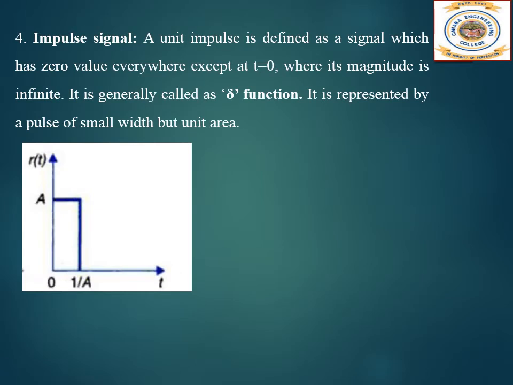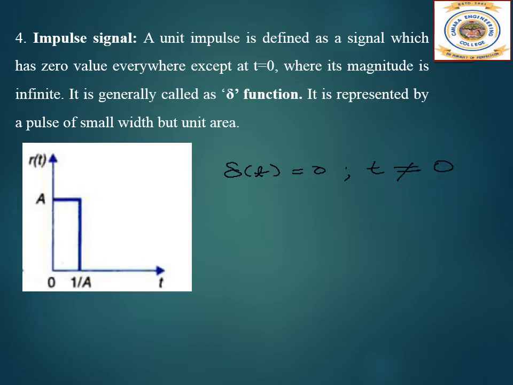A unit impulse signal is defined as a signal which has 0 value everywhere except at t equal to 0, where its magnitude is infinite. It is generally called a delta function. It is represented by a pulse of small width but unit area. So I can write delta of t is equal to 0 for t not equal to 0.